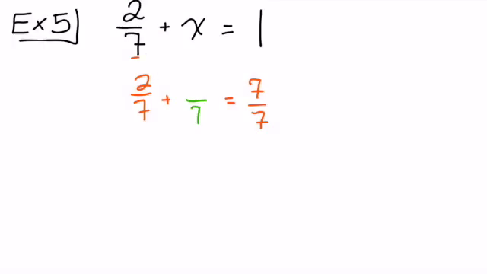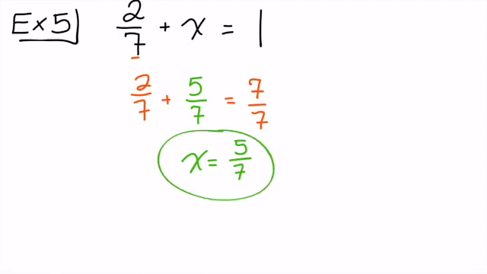So 7/7 is what we want. We already have 2/7, so we need 5/7. So x equals 5/7. Because if I have 2/7 already, if I add 5/7, now I have my 1 whole, 7/7. That's what we needed to make the whole.